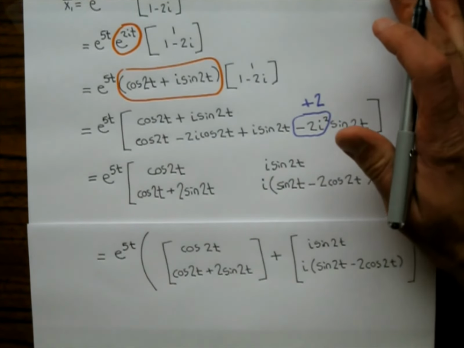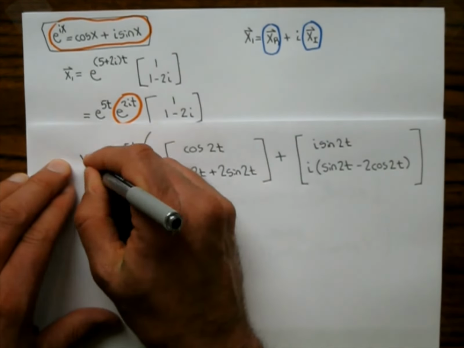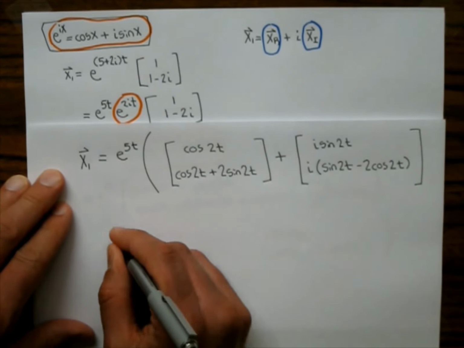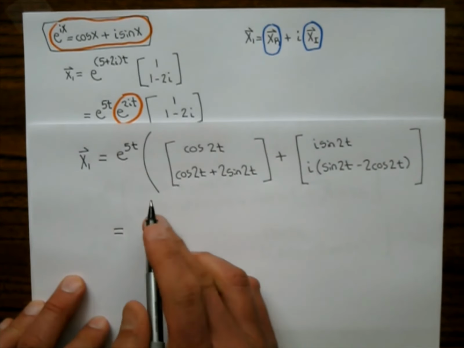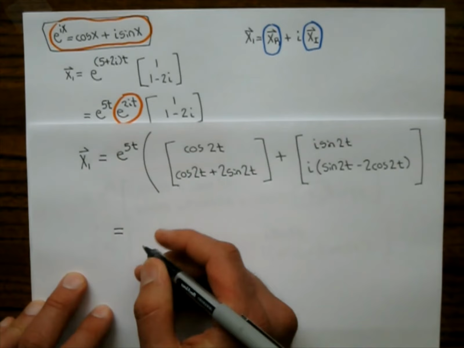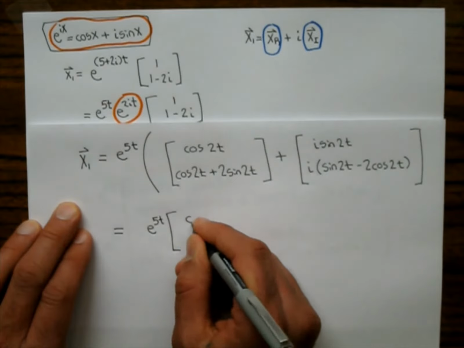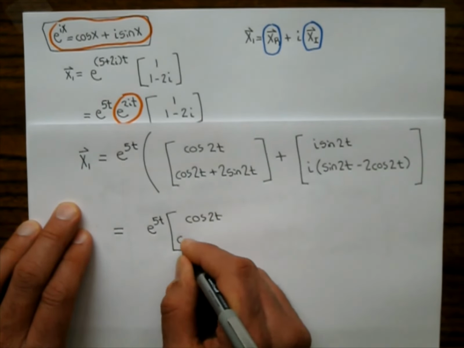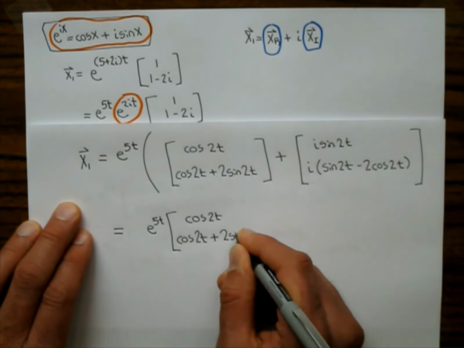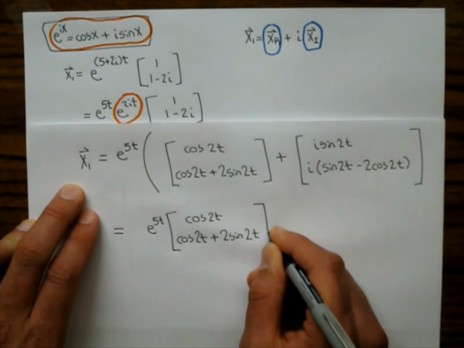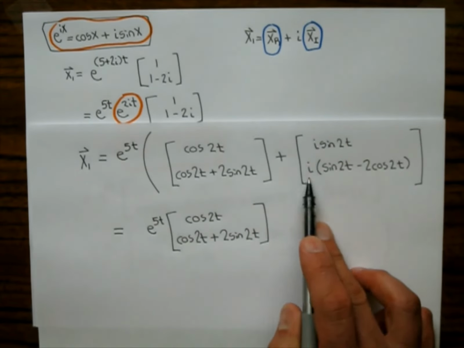Okay, now my goal, so I've kind of covered up my goal here. My goal is to write x1 bar like this, and I almost have this. So I'm going to distribute that e to the 5t, so it looks like e to the 5t times that first one, cosine 2t, and I'm getting sick of writing these again and again. As you do more of these, you will probably skip steps. You'll say, oh yeah, I know I have to collect those and put those over there. And then I'm going to factor an i out of that matrix.